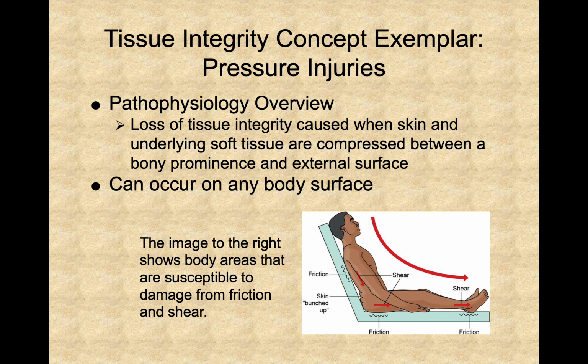Just like you can see in this image on this slide, we're really focusing on the concepts of friction and shearing, where you have that movement or sliding of the skin, not only against the surface but also against internal structures, having opposing movements that leads to breakdown of that particular area.